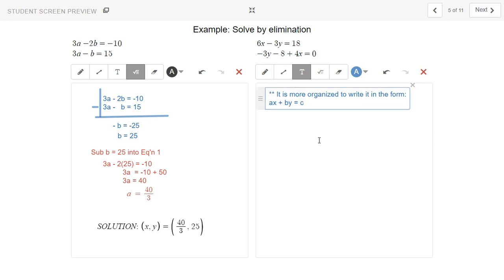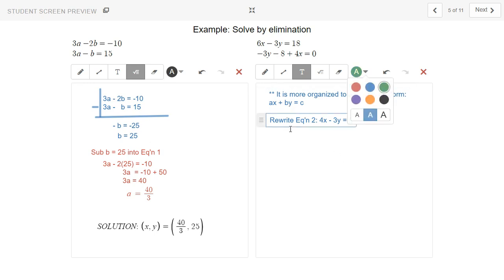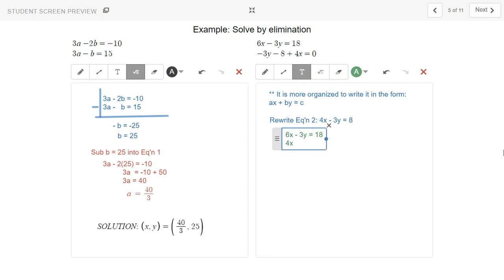So my second equation, I will rewrite equation 2 as 4x minus 3y, and I'm moving the negative 8 to the other side. That gives me a positive 8. So my two equations together now, 6x minus 3y is equal to 18. 4x minus 3y is equal to 8.